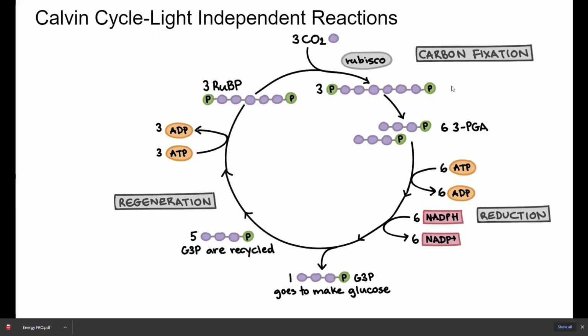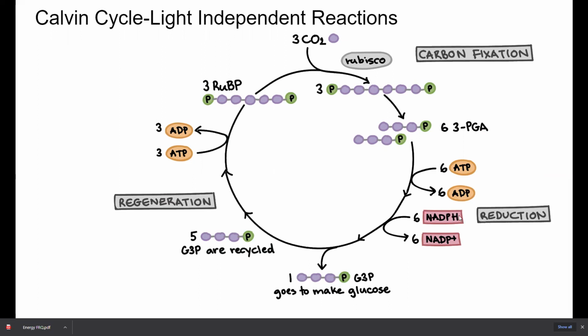We have the 6-carbon molecule, which will degrade into 3 PGAs. They have ATP. They get phosphorylated, which kind of sets up the step for the reduction step that eventually gives us G3P.